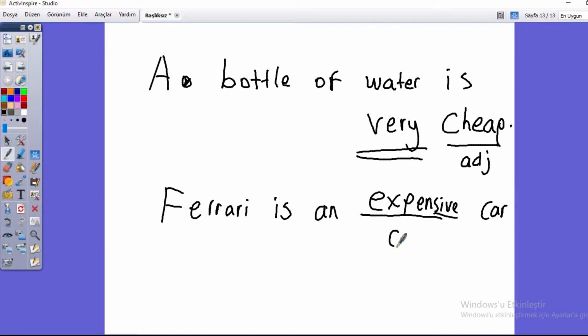So the adjective is expensive and the noun is car. Let's give one more example for expensive. Diamonds. They are not cheap. Diamonds are very expensive.